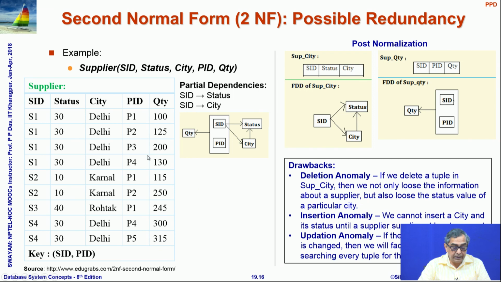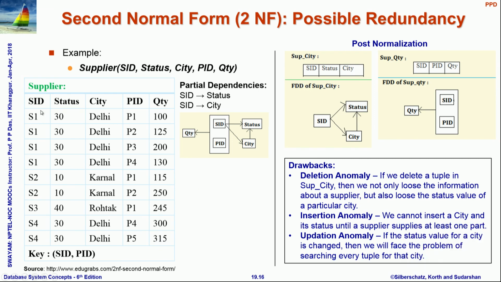We have shown another example also here, where you have supplier, status, city, PID, the quantity, the supplier database, where the supplier ID and the product ID form the key, and these are the dependencies. This is the dependency diagram, so to say. You can see that SID determines status. So, the supplier ID will determine its status, and the supplier ID will determine the city.